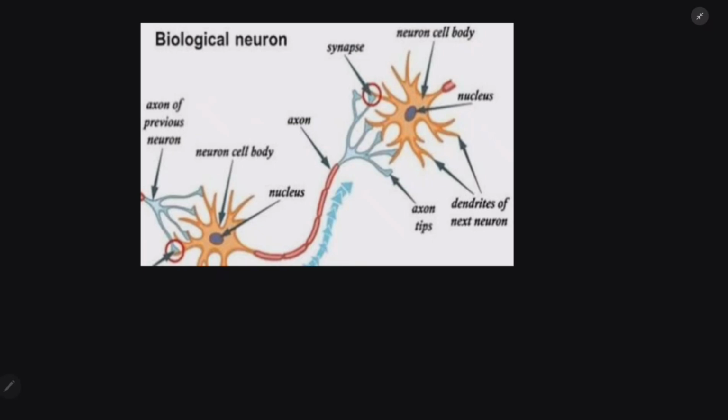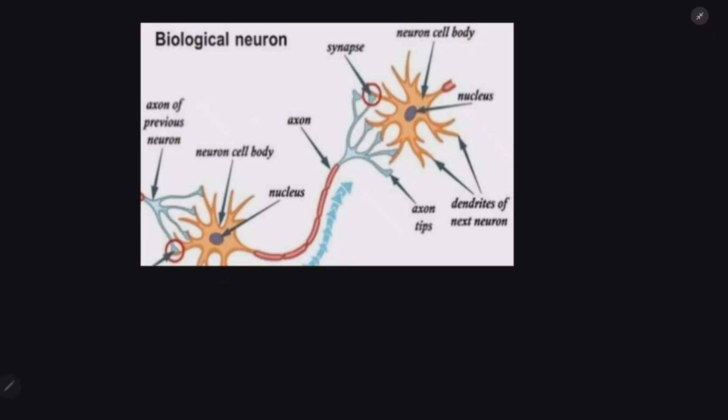This is the same idea in artificial neural network. So this is a biological neuron. Some people, as I said, don't like this comparison and are against it. They say that artificial neural network was not actually discovered through the biological neuron.